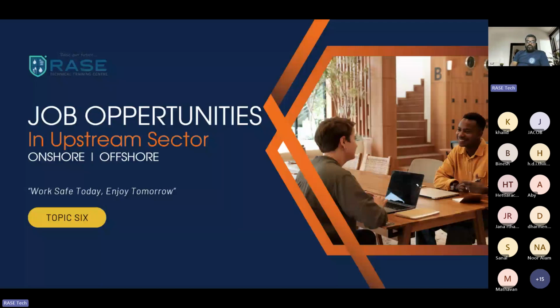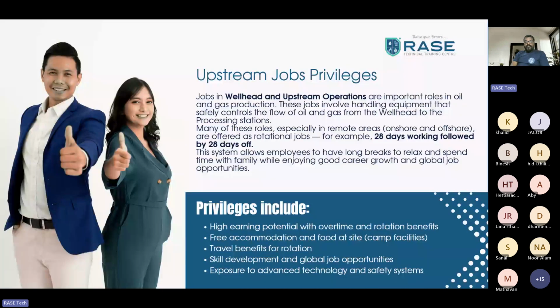Jobs in wellhead and upstream operations play an important role in oil and gas production. These jobs involve handling equipment that safely controls the flow of oil and gas from the wellhead to the processing stations. Many of these roles, especially in remote onshore and offshore areas, are offered as rotational jobs.